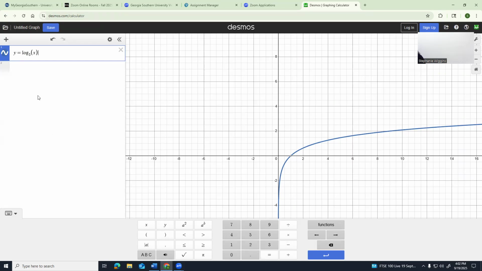Now, if I want to graph the reflection of this across the y-axis, I would just put a negative. Notice the negative is inside the function.